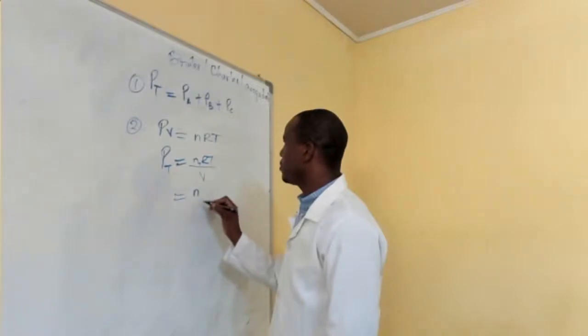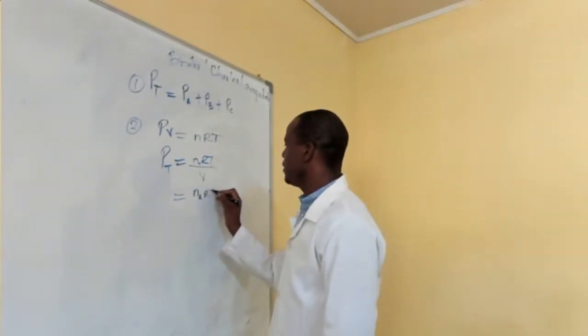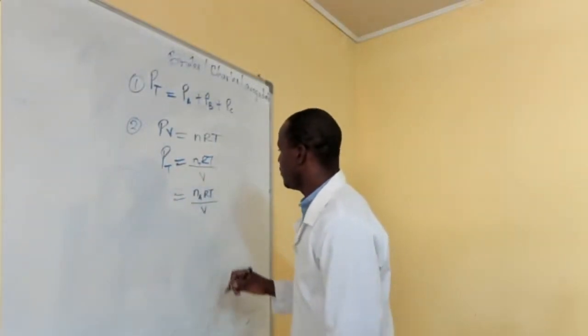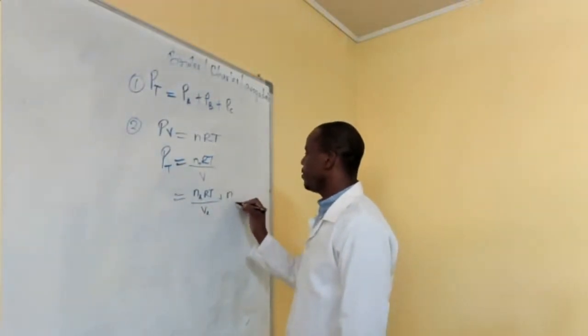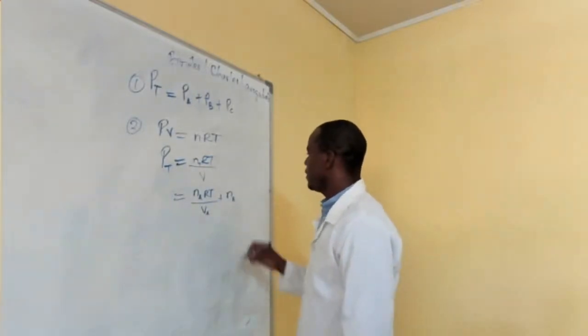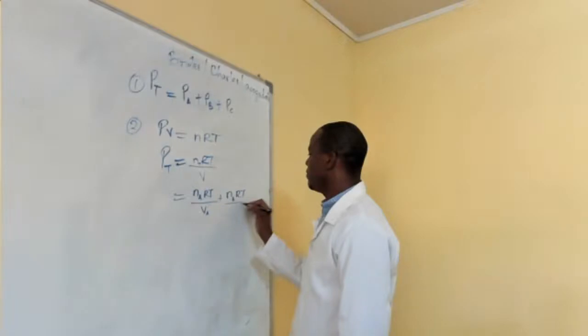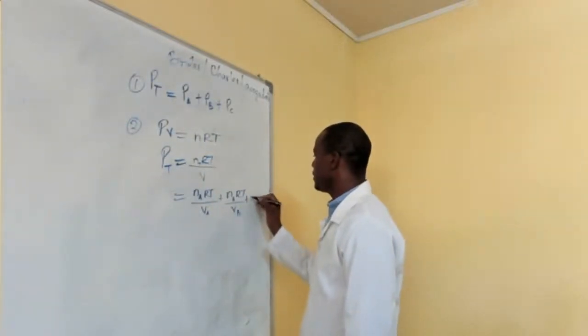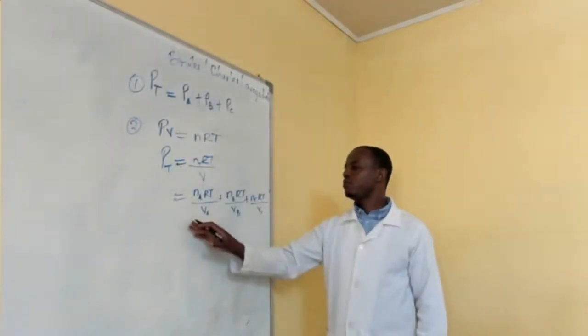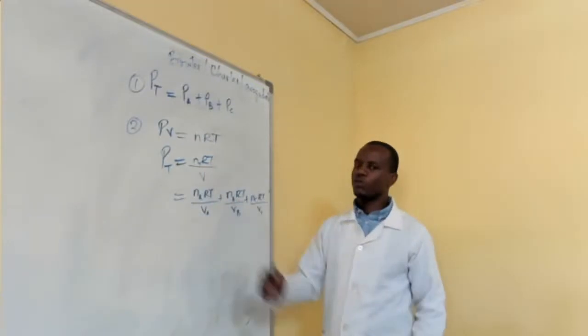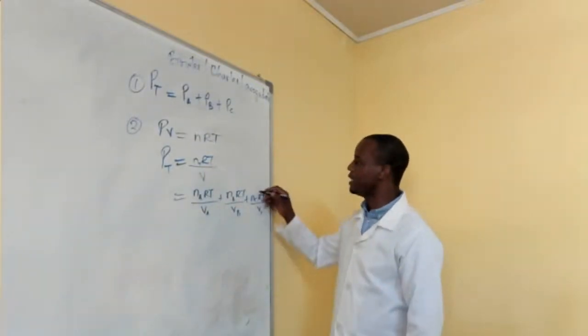So that would be equal to number of moles of A, RT over V, that is volume of A, plus number of moles of B, RT divided by volume of B, plus number of moles of C, RT divided by volume of C. So this you can use also to calculate the partial pressures.